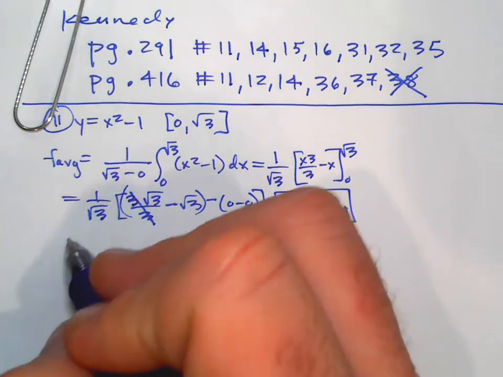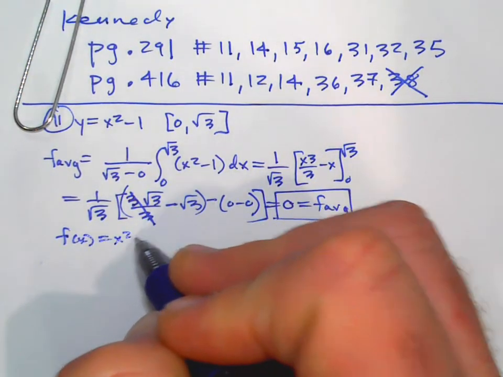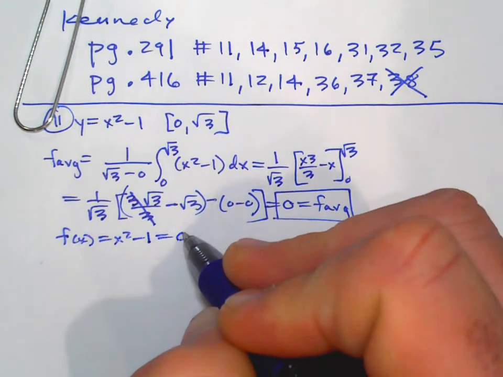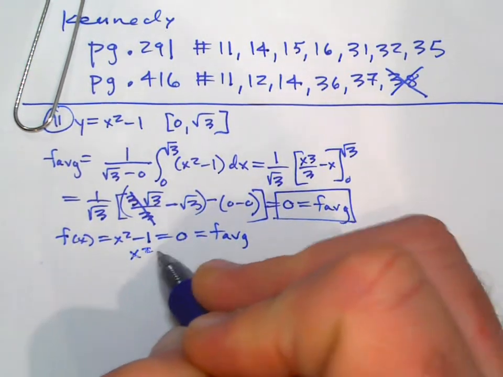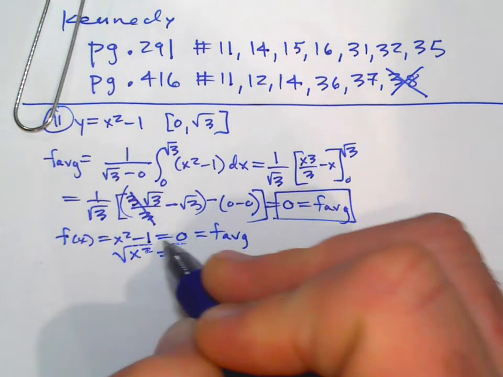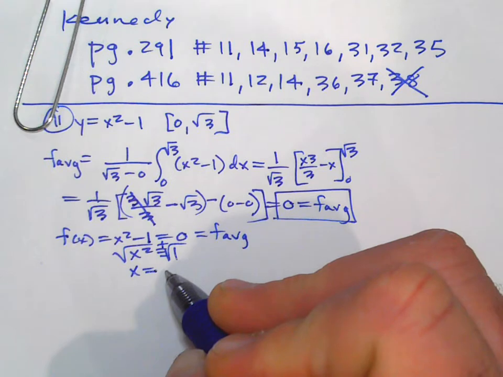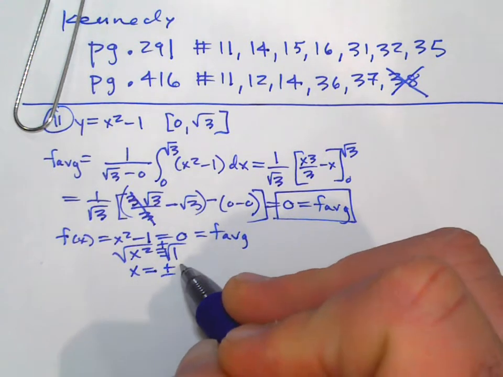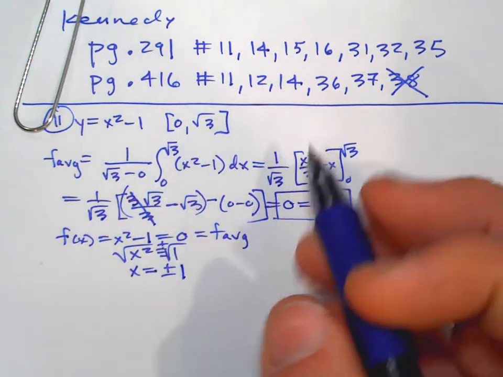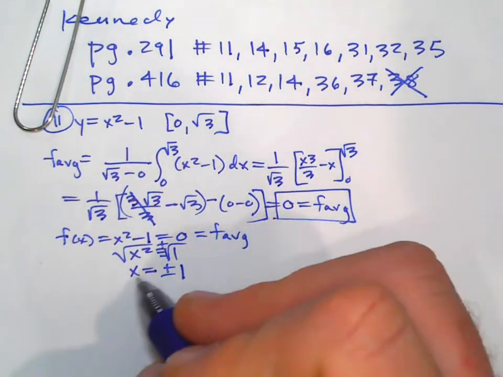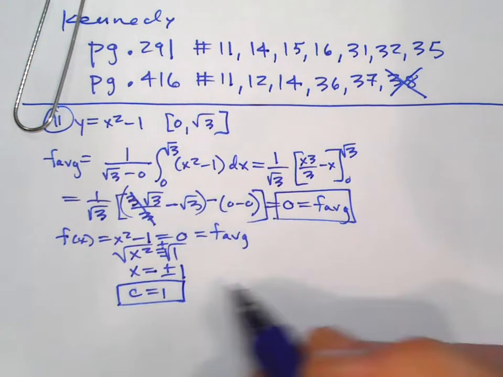So we take the original function, x squared minus 1, and set it equal to the average value and solve. So x squared equals 1, square root of both sides, x equals plus or minus 1. We only want the values between the endpoints or including the endpoints, so that would just be the positive 1 value.